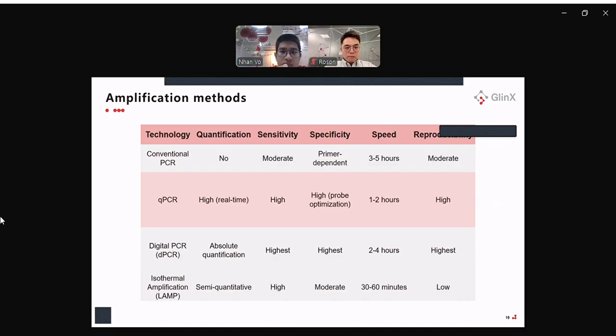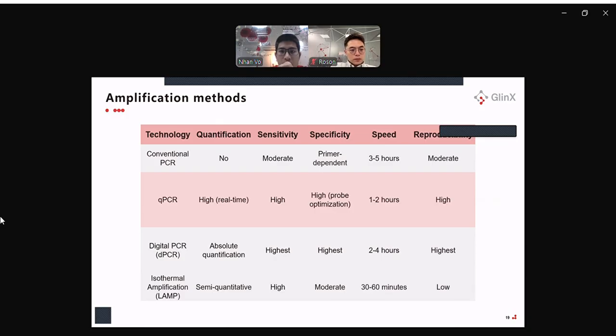The original amplification method of the polymerase chain reaction is the conventional PCR. It is really simple, reliable, and widely used in research and diagnostics. But it also has some disadvantages. First, it is not fully automated, so this kind of method needs a special person with strong ability to conduct the tests.